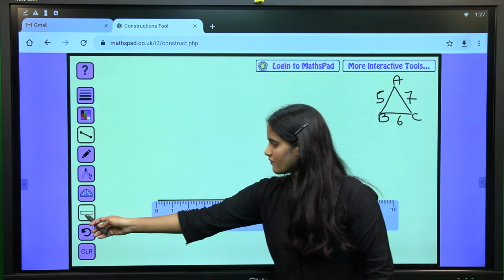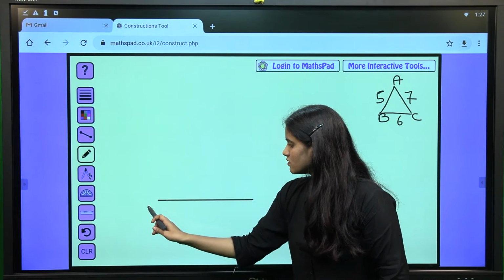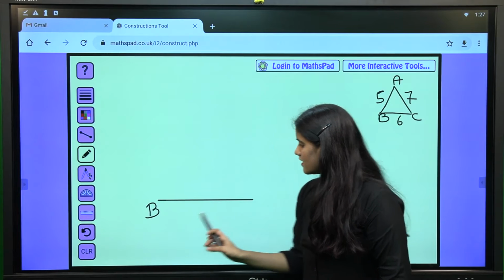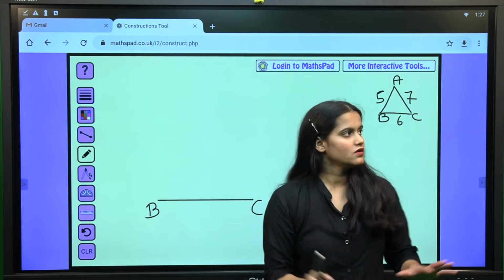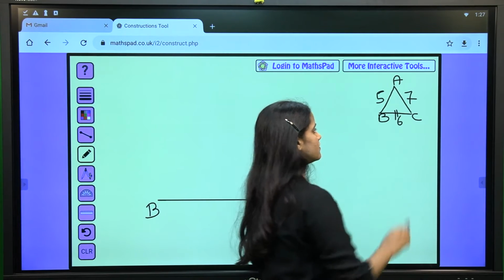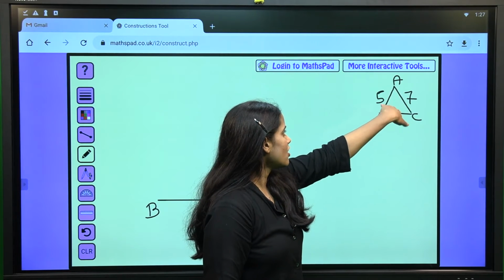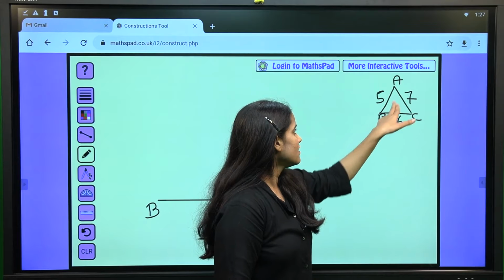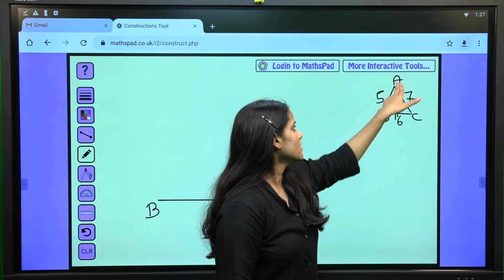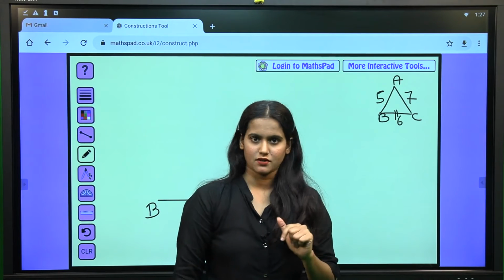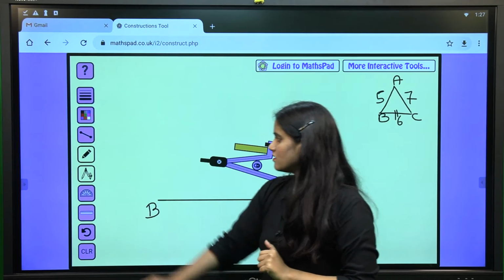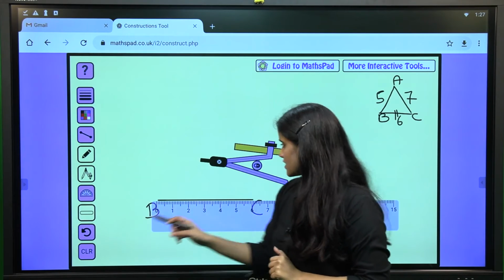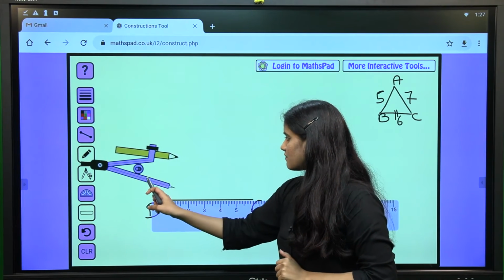Now done. So I'll name it as BC. So now this part is done. Next you need to draw 5 and 7 centimeter. For AB we are having B as a center, for AC we are having C as a center. So take a compass. So measure 5 centimeter.